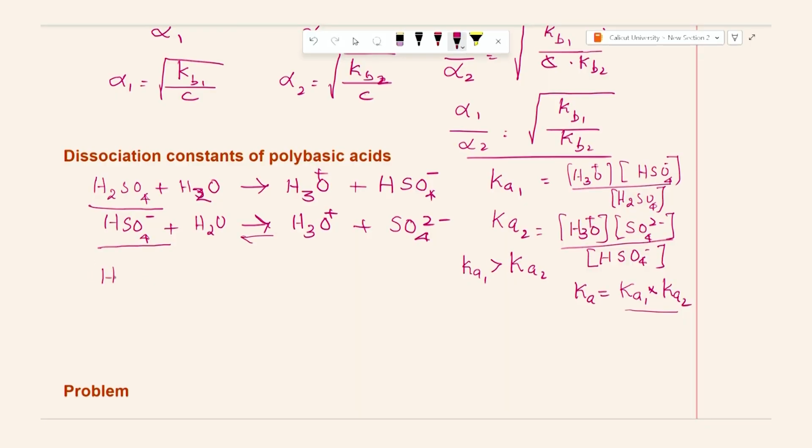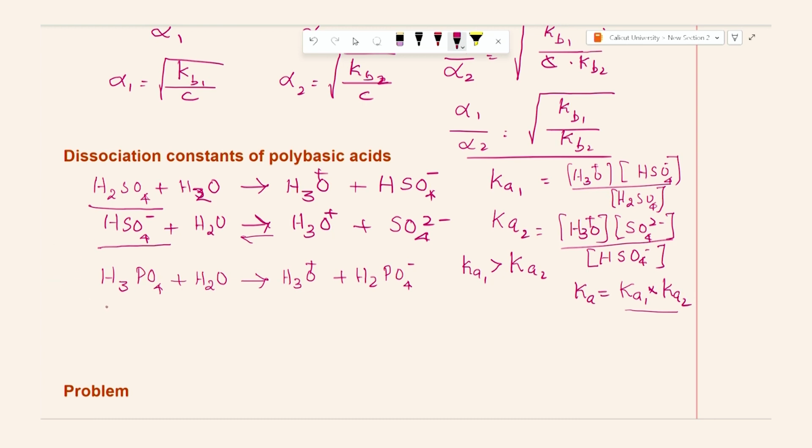Now, let us take another acid, H3PO4, which has 3 replaceable hydrogens. With water again it gives H3O plus, with one of the protons lost, it will be H2PO4 with a single minus charge.